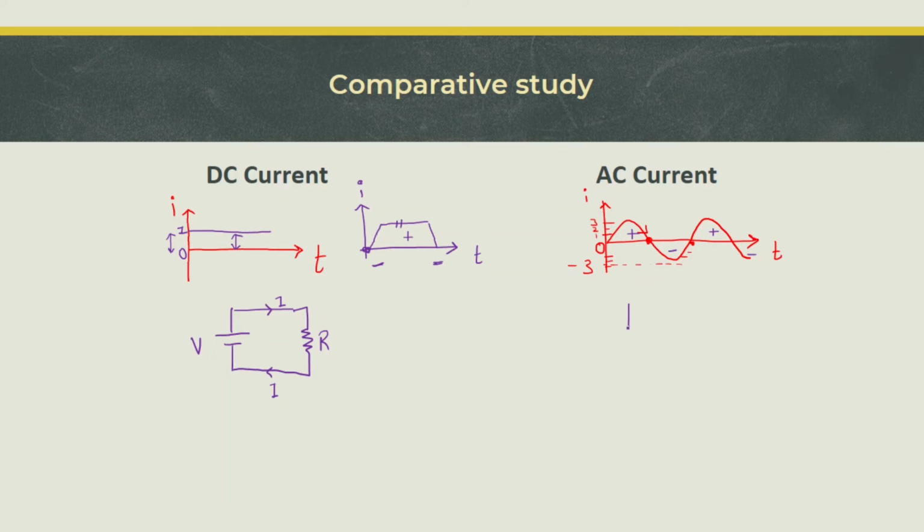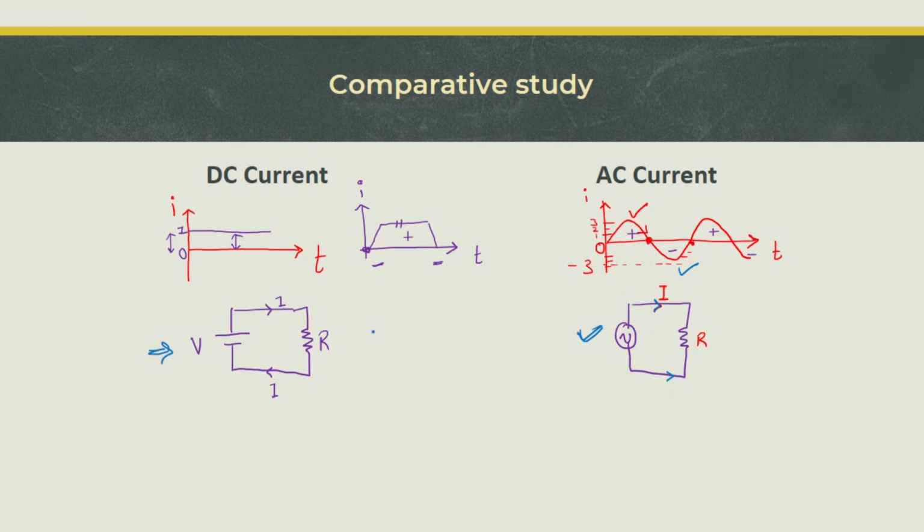But when we connect this same resistor with an AC source, then when the current value is positive, the current will flow in this direction, let us say, and when the current value is negative, that is, it has gone into the second half, in this case current flows in the opposite direction.